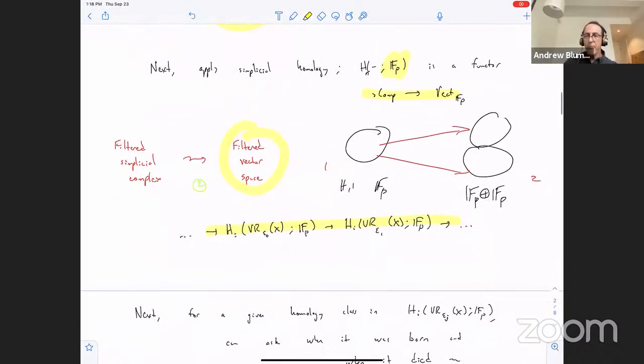And now you can do something else. So that's fine, having a diagram of vector spaces, or a diagram of abelian groups or modules. That's a fine algebraic gadget.